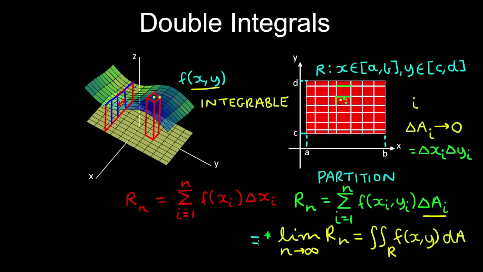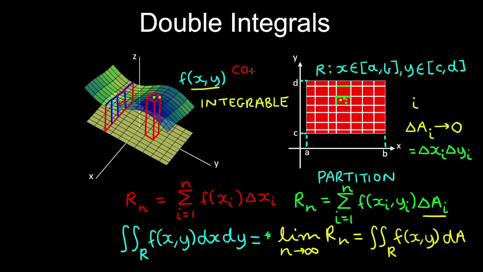And similarly in Cartesian coordinates, we can use the notation of the double integral over the rectangular region of the function of two variables with respect to x and y.